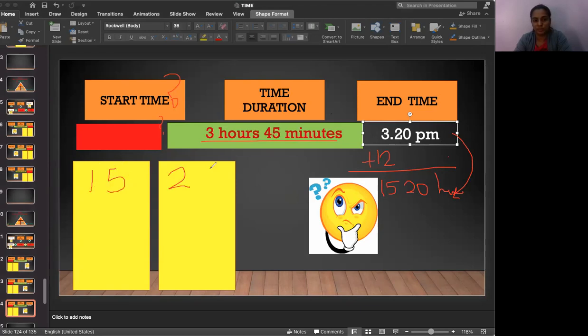So change it to the 24-hour system to ease your calculation. So 15:20 hours, subtract 3 hours and 45 minutes. Okay, what do we have here now? 20 minus 45, obviously we can't do that. So we'll need to exchange an hour from the 15 hours here. So you'll have 14 hours.